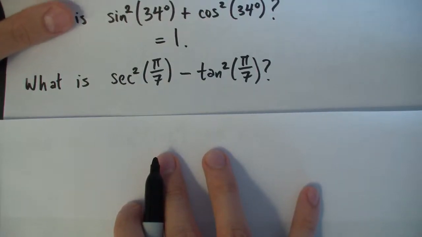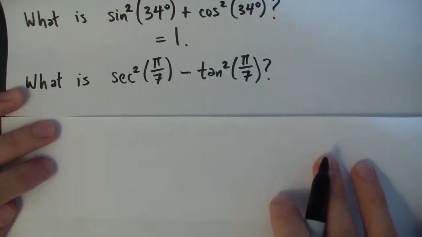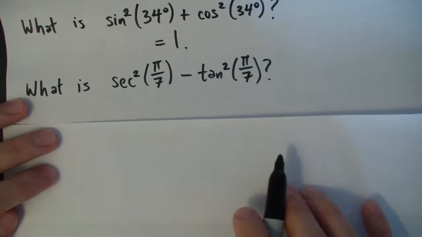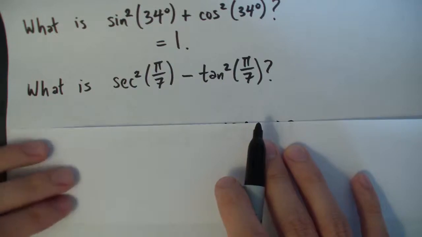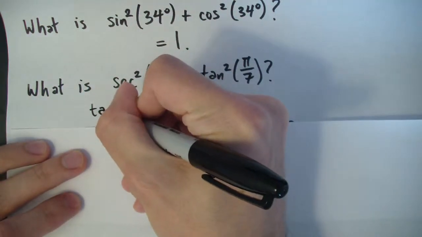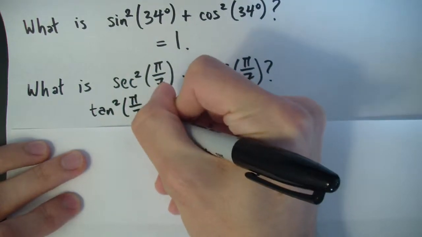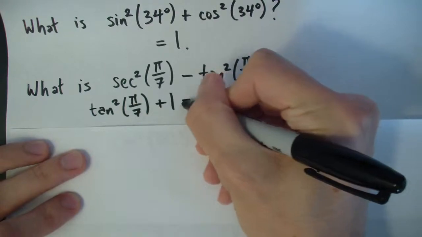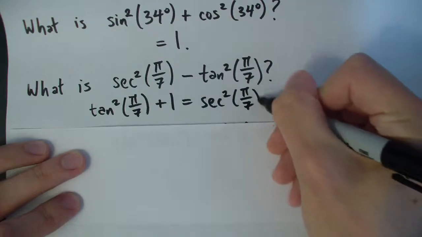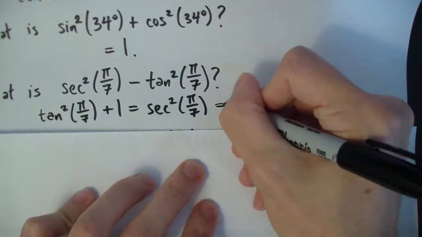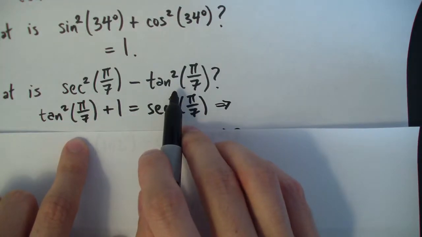So if we were asked what is secant squared of pi over 7 minus tan squared of pi over 7, this doesn't immediately look like one of the identities we know. But let's think about how we can rearrange the identity that we've seen before. So if tan squared of pi over 7 plus 1 is equal to secant squared of pi over 7, well, rearranging, we want to subtract tan squared from both sides.